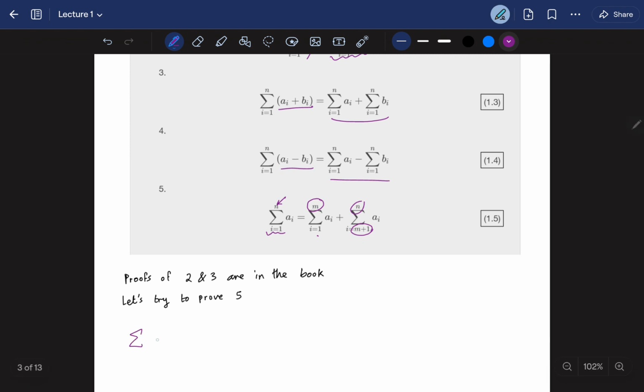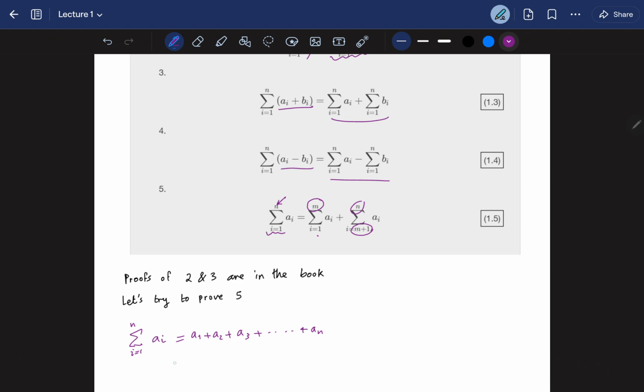So here, the summation of A_I from I equals 1 up to N. If we evaluate each term, I'm just plugging in the values of I, which is my index: A1, A2, A3, up to AN.